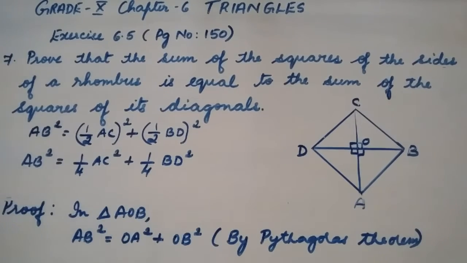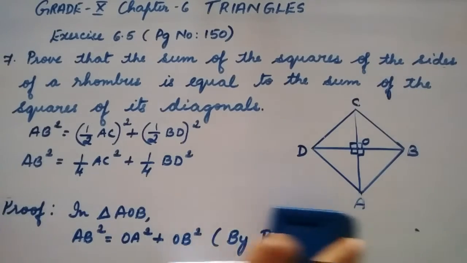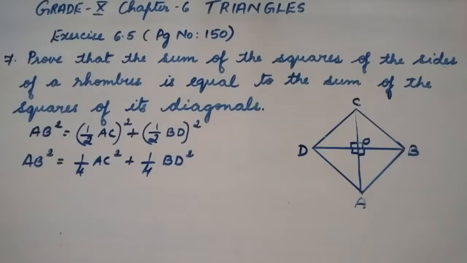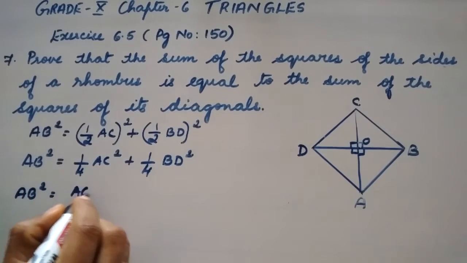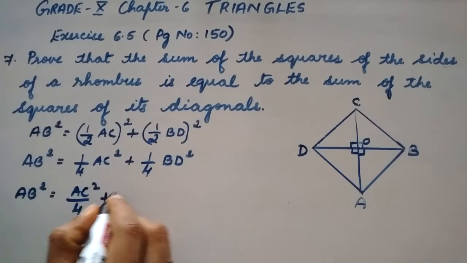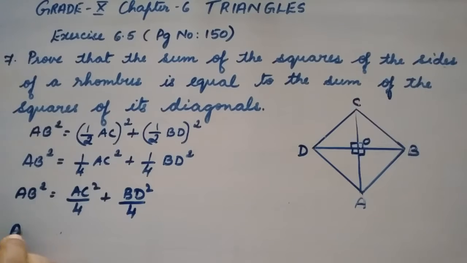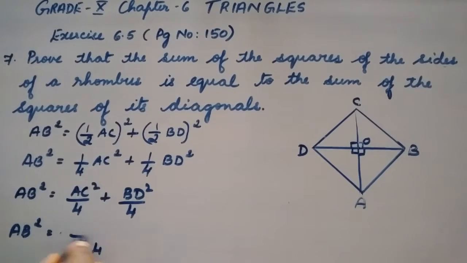So I can write this as AB square is equal to AC square by 4 plus BD square by 4. So let us take the LCM.